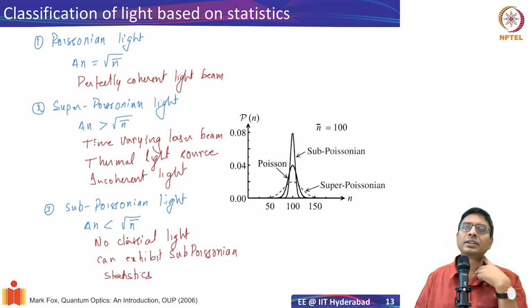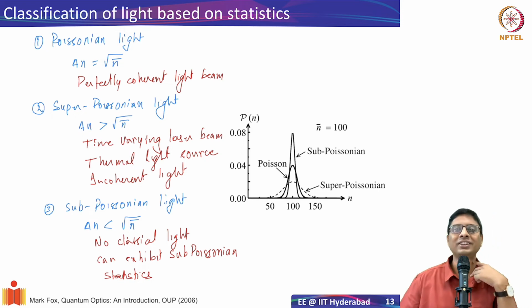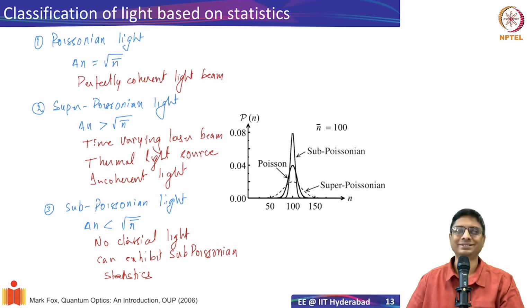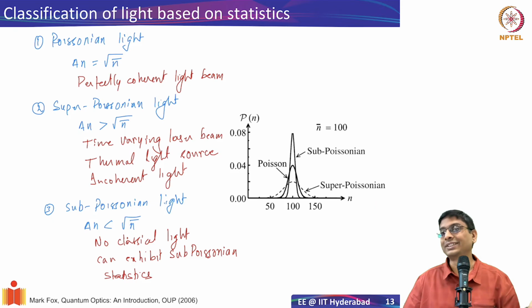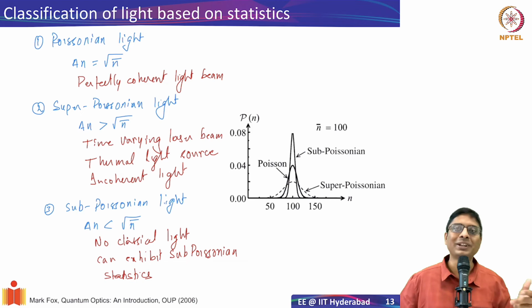So, demonstration of Sub-Poissonian statistics is one of the signatures of quantum light. You're having a quantum light source. Lesser than the Poissonian. If your delta n given by Poissonian, if you have an average count of 1, you should get maximum of square root of 1. If you get below that point, then you can claim that you have a quantum light source.